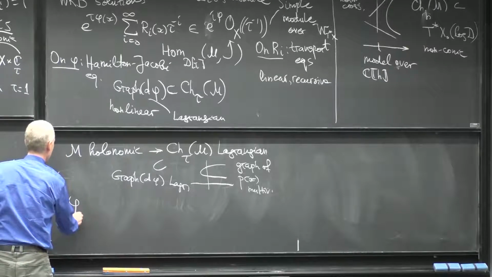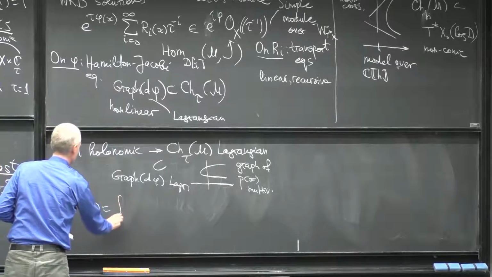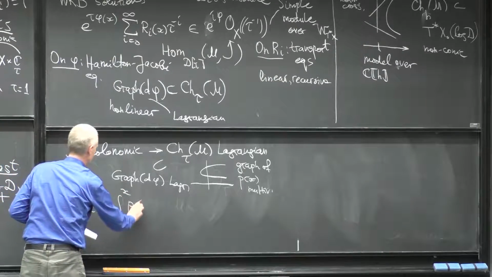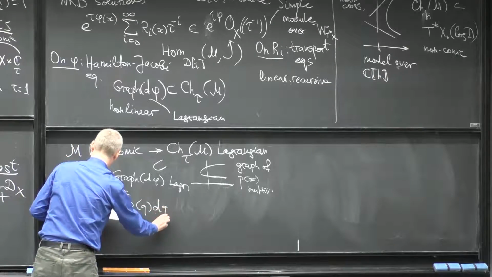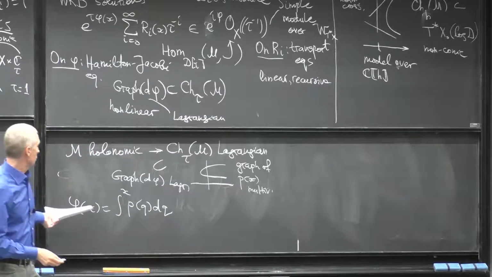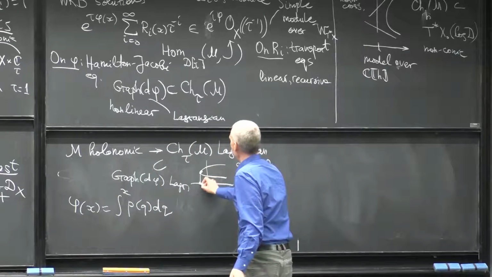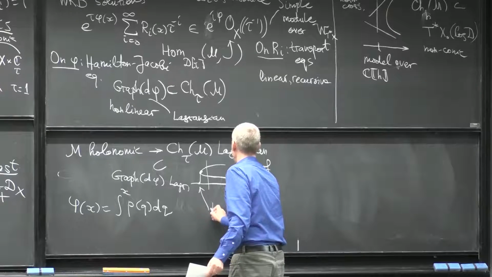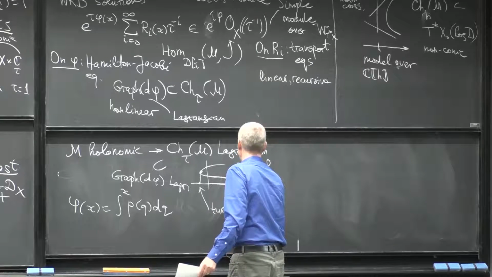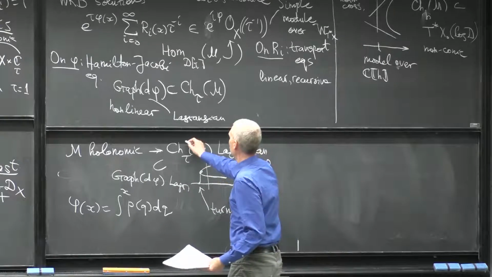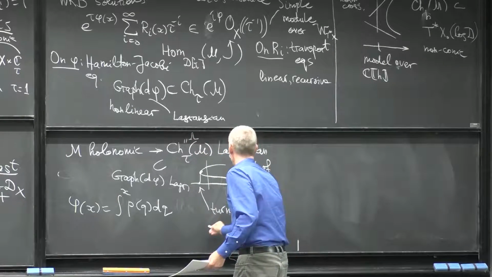So it means that phi of x is an integral, the primitive of the form p dq. And this is good away from the turning points. It's when this variety ramifies. So let me call this variety lambda, where lambda ramifies.